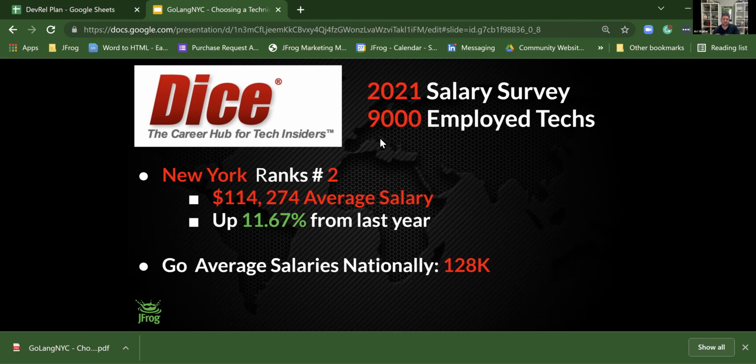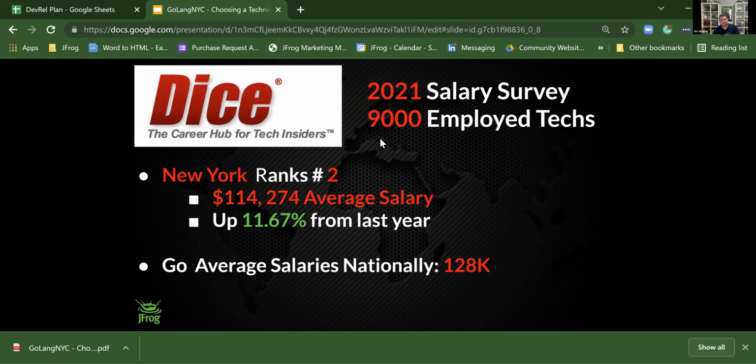This is typically somebody with mid-career experience. Obviously, most people don't come out of school making that much. At the same time, if you have more than 5 to 6 years of experience, chances are you may be making more. So just something to consider. And by the way, this salary is up 11.67% from last year. Because of the demand for technical skills, it is on the rise.